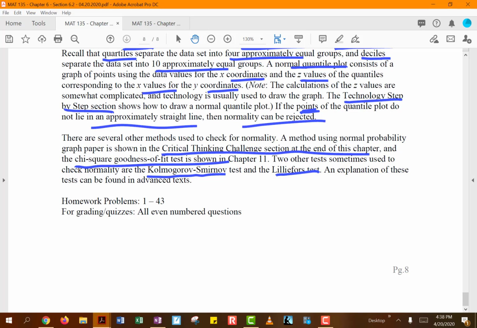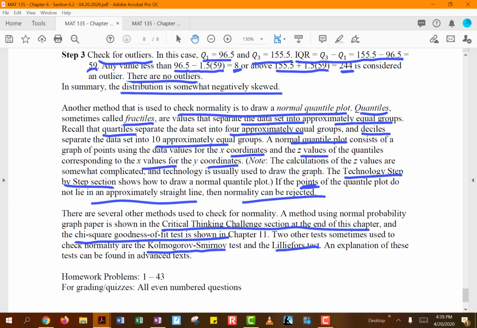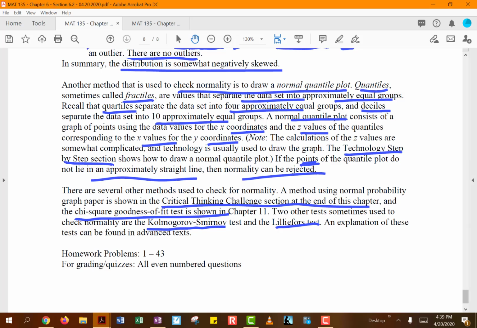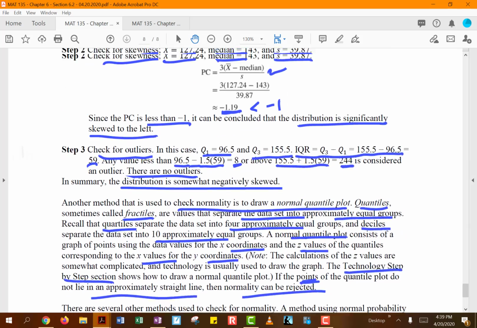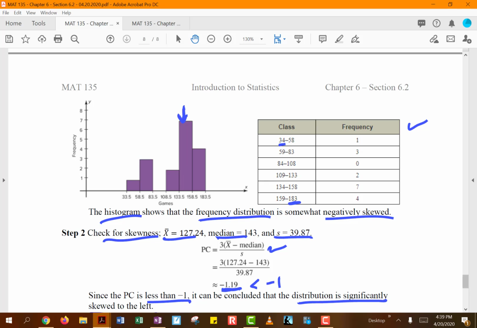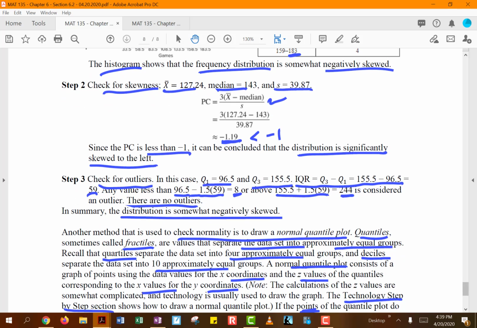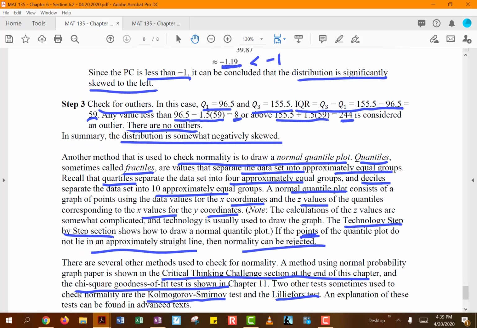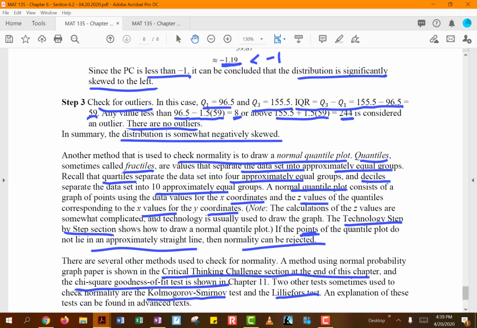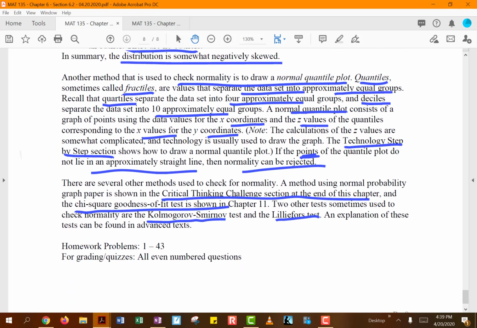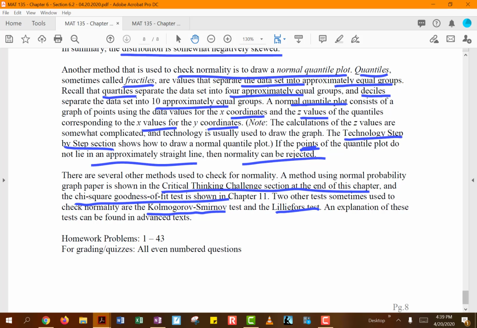So there are, like I said, many different ways to check for normality, but we are sticking with what we are comfortable with. We know how to do a frequency distribution. We know how to construct a histogram. We can check for skewness based on this formula over here, and we can always look for outliers, and all of those can help us determine if we have normally distributed variables or not.